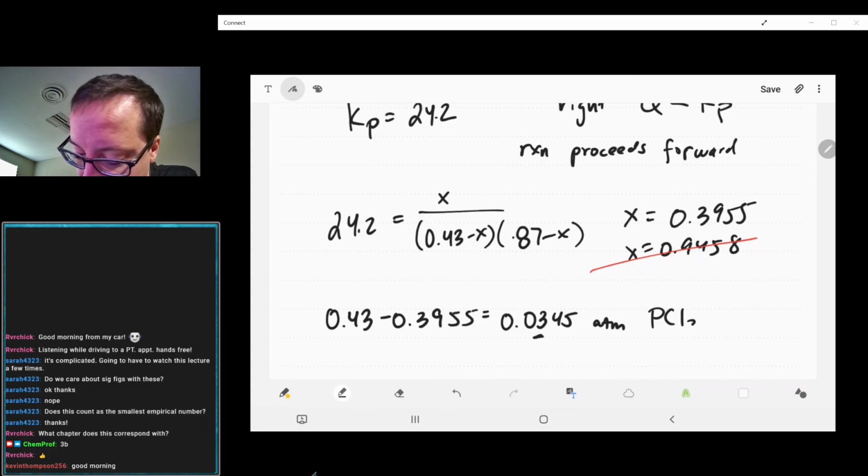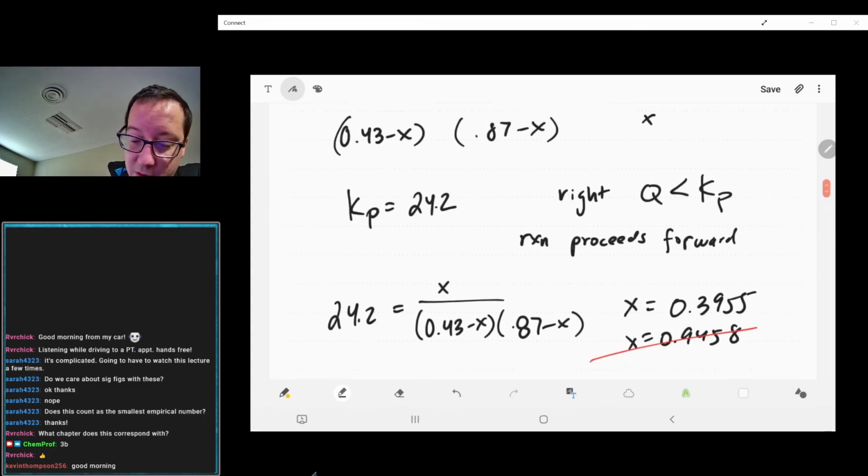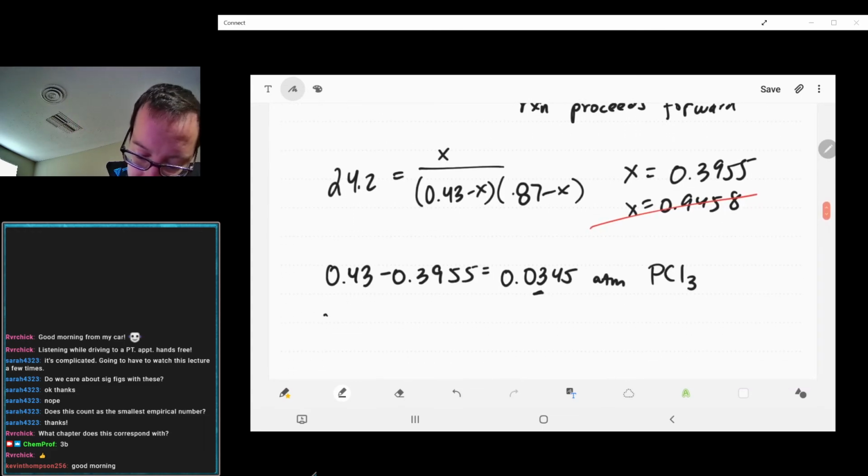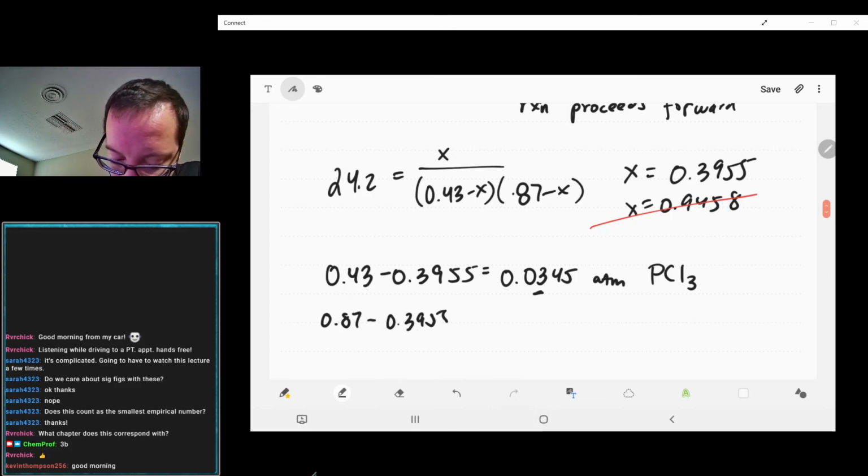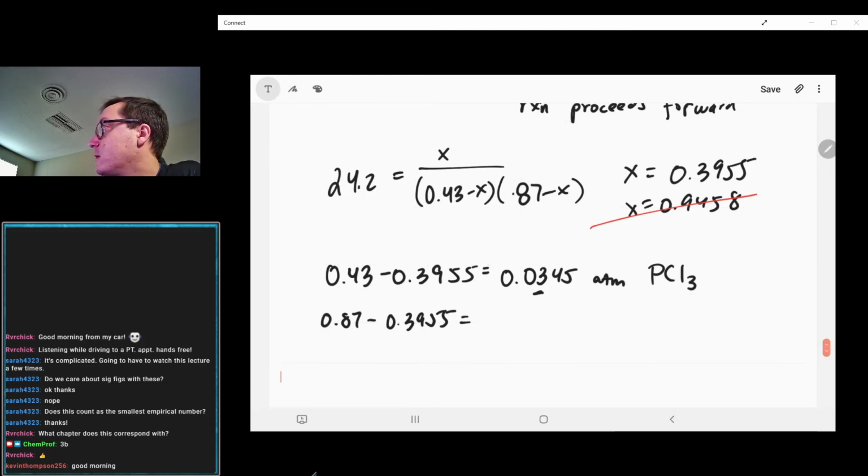That's of PCl3. For the other one, we had 0.87 minus that number. That's going to equal, oh gosh, this one I don't want to do in my head. 0.87 minus 0.3955. So again, all this stuff is really the same, right?